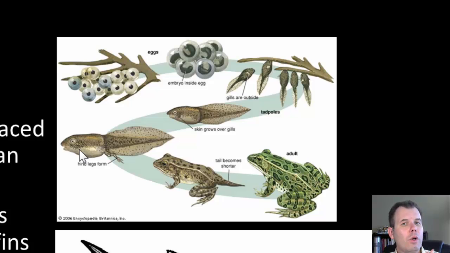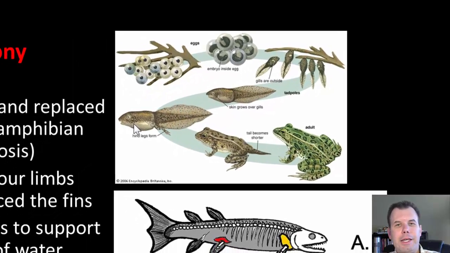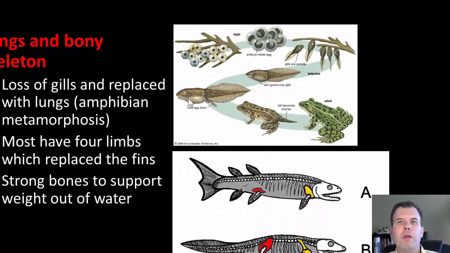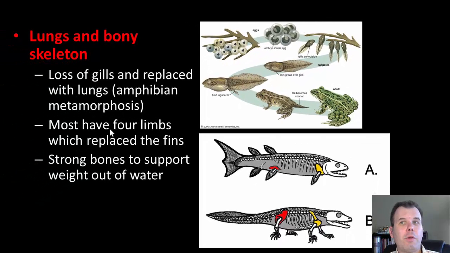This is where we get this evidence of evolution, coming out of the water and going onto the land, and that happens during the metamorphosis. So they start as tadpoles in the water and come out as live frogs on the land, which have lungs and everything else. Most of them have 4 limbs that replace the fins, and so their fins now become legs, and you can see here are the fins, and now they become lobes that allow them to walk onto the land.